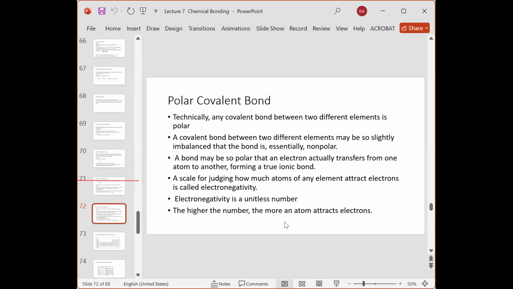So a scale for judging how much atoms of any element attract electrons is called electronegativity. Electronegativity is a unitless number. The higher the number, the more an atom attracts electrons. So we use electronegativity to make predictions to see whether this atom will attract more electrons to itself than that.